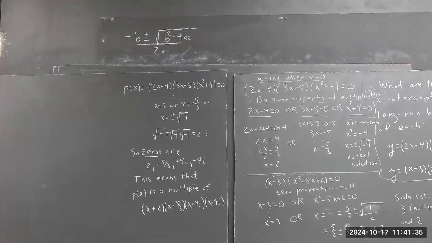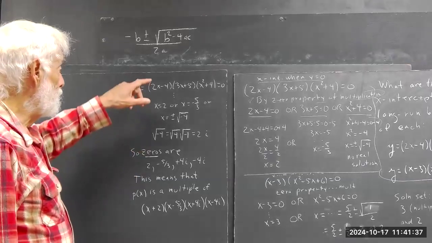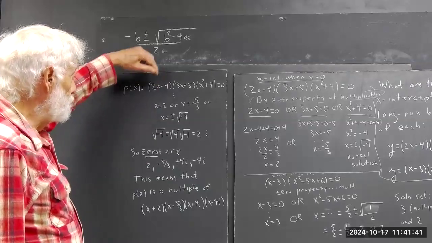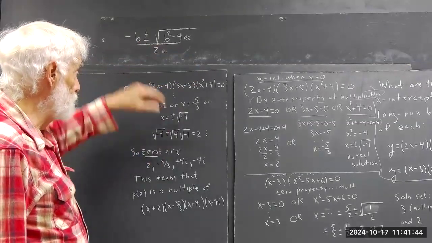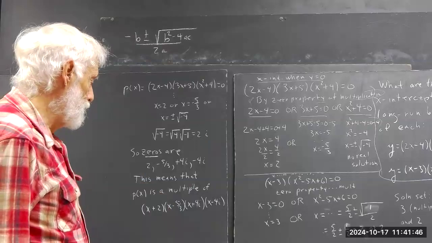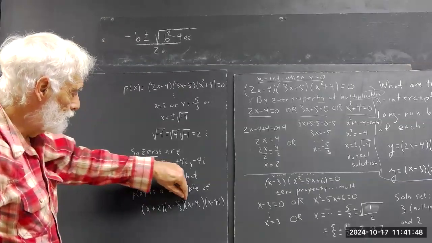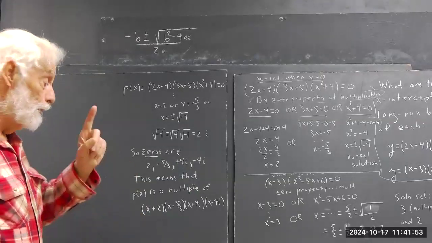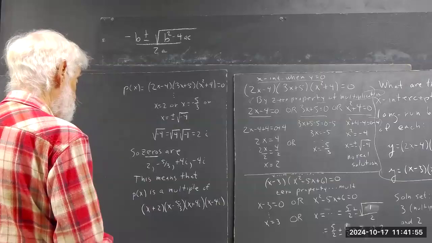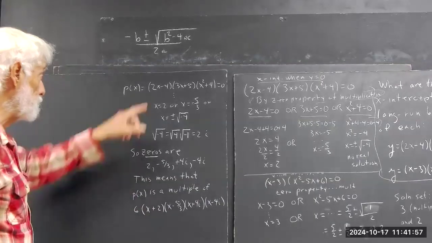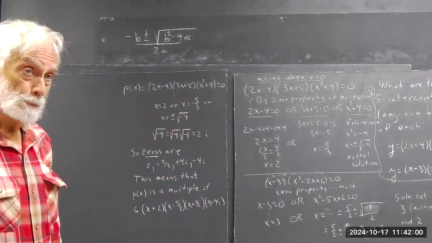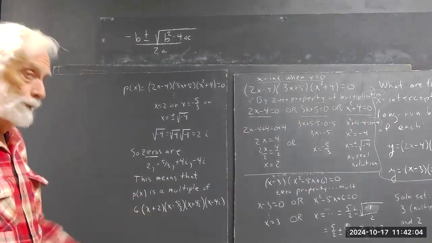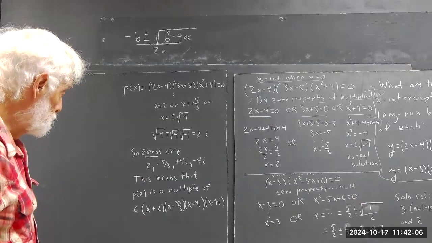Now, what's the multiple? Well, if we expand this, we're going to get x to the 4th. If we multiply these out, we only get x to the 4th, and we don't get 6x to the 4th. But it's a multiple of this, and that multiple has got to be 6, so that gives us the right x to the 4th term. There are other ways to see this, but that's a straightforward way of reasoning it out.